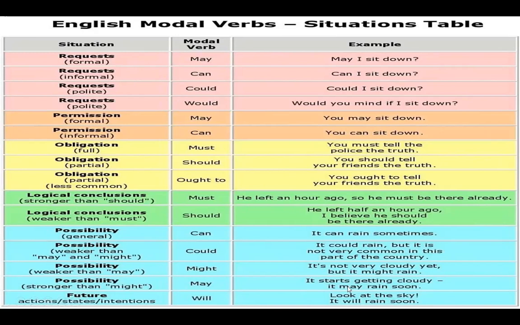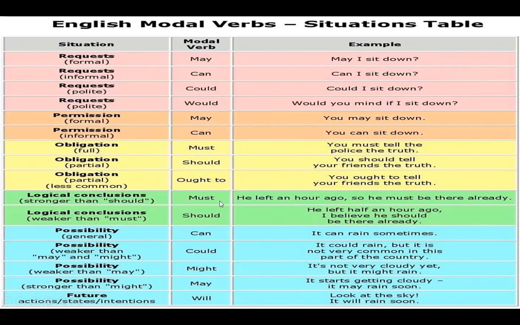Yeah, listen, these are the modal verbs. You have them in the column in the middle. Modal verbs: may, can, could, would, must, should, ought to. Obligation: should, partial obligation; ought to, less common. According to this author, full obligation: must.